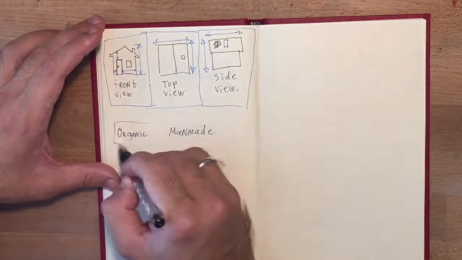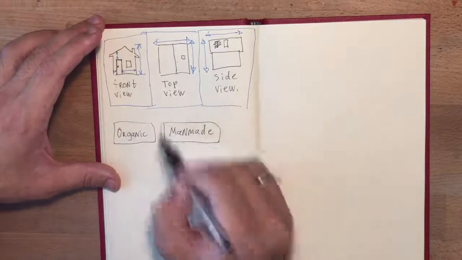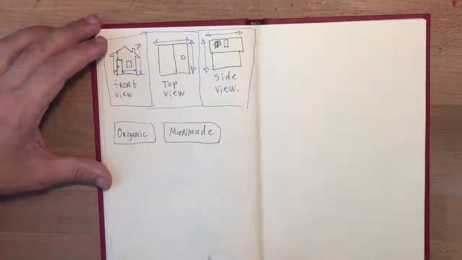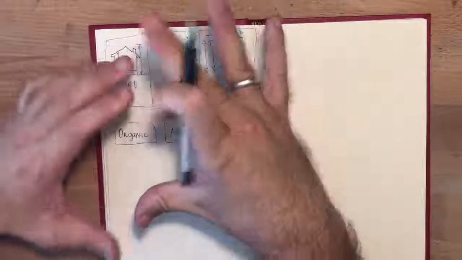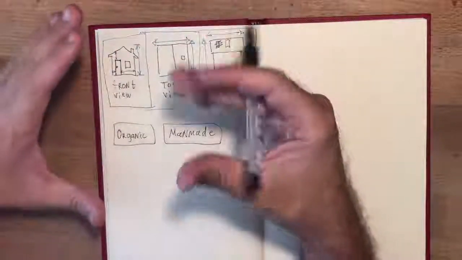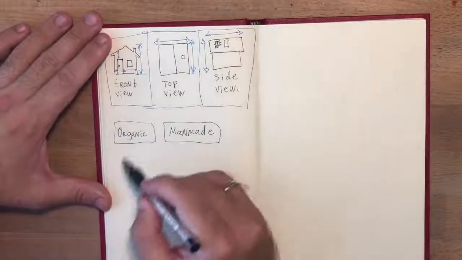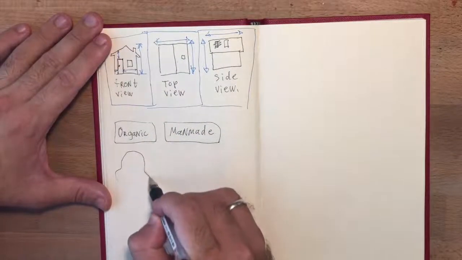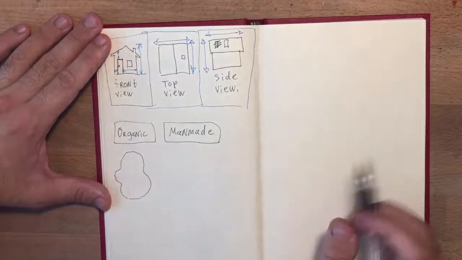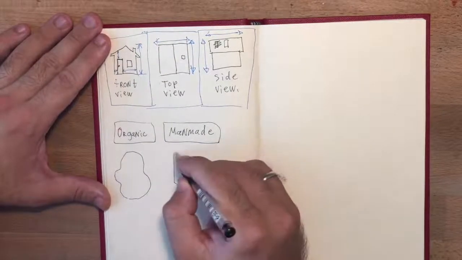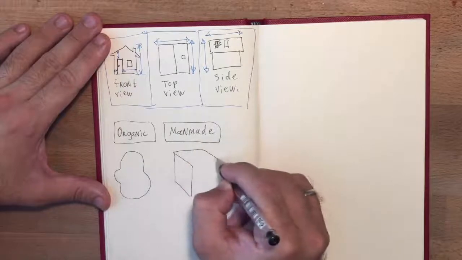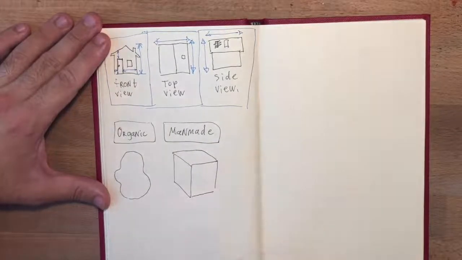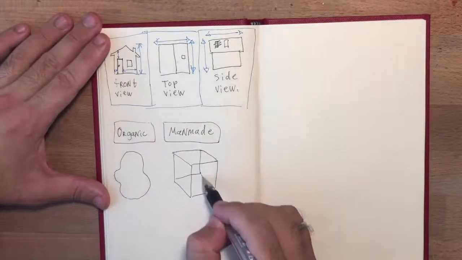So it's like natural and artificial objects. So let's say just kind of very overall kind of thing. So it can be organic, it can be very random, and man-made, it will be totally based on the box.